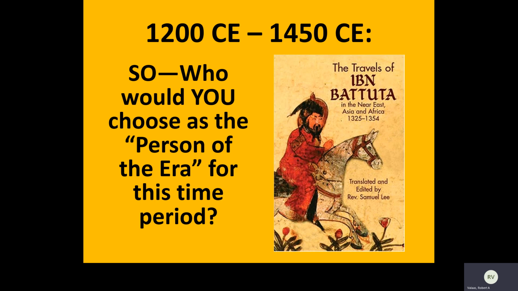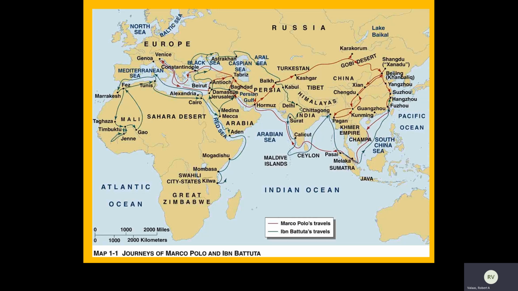This guy is pretty remarkable because, as you recall, in the time period before any form of motorized travel, when travel meant relying on the wind or muscles, either yours or an animal's, to move from place to place, in a time before cars and trains, let alone airplanes, as this map shows us, this dude traveled 75,000 miles around the world in the course of his 30 years, three decades of travel in the 1300s.